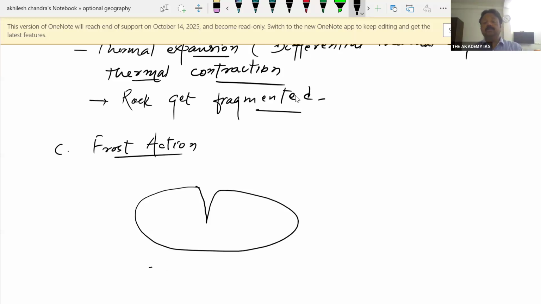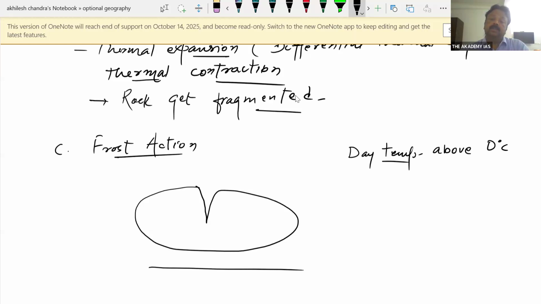And this rock is present in an area where the day temperature is above 0 degree centigrade, and the night temperature is below 0 degree centigrade. Okay. So day temperature above 0 degree centigrade, night temperature is below 0 degree centigrade.